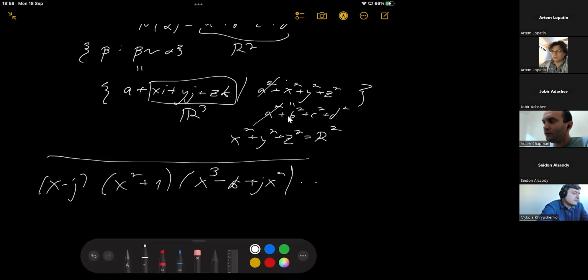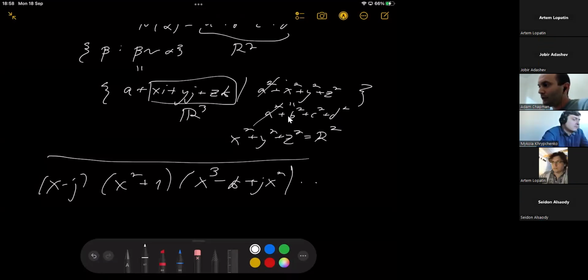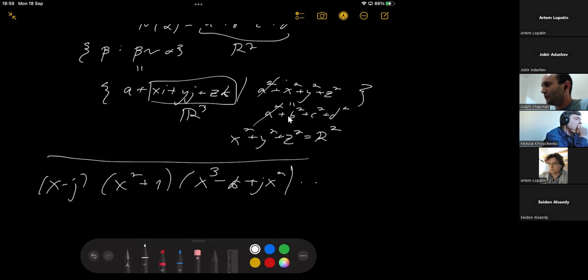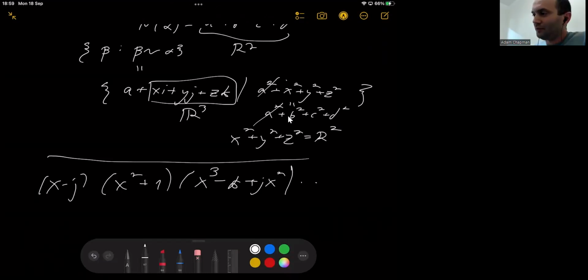So the moment you choose to work over algebraically closed fields, you avoid this option. If you start with A0 being the complex numbers, then already A1 is going to be an étale quadratic extension of the complex numbers, but it's not going to be a field. And the quaternion algebra is not going to be a division algebra. So you don't have division composition algebras, and some of the results are not true anymore.